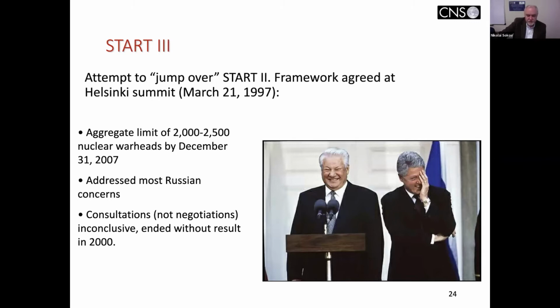Unfortunately, for a variety of reasons, all of them domestic politics in both countries, negotiations did not really take off, and by 2000 the treaty was not negotiated, as you know.